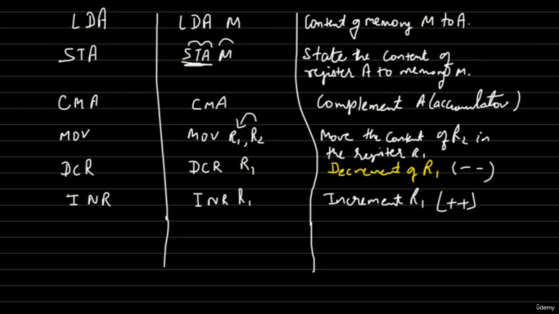The next one we have is CMP. It means compare. CMP R1. So in this, we simply compare R1 with, if nothing is written, it always means the A. A is the accumulator.